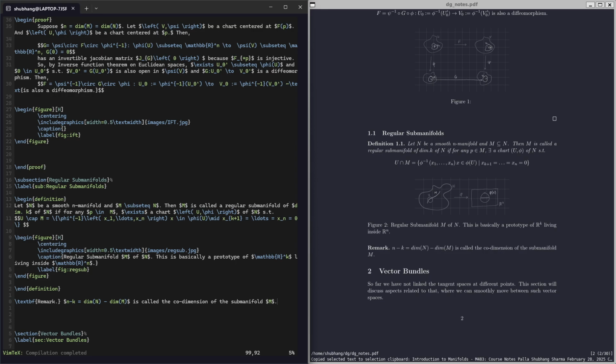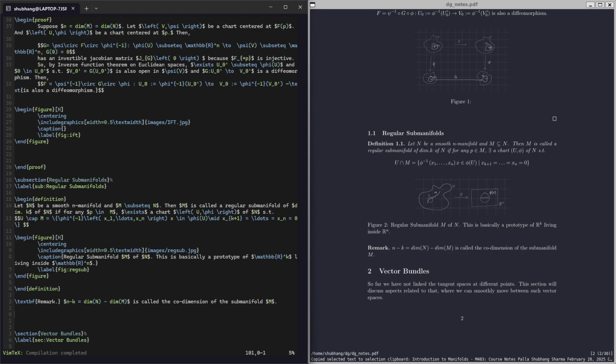Adapted charts. What we need to check is that these charts indeed cover the whole potential manifold M, and also that there are charts on this.